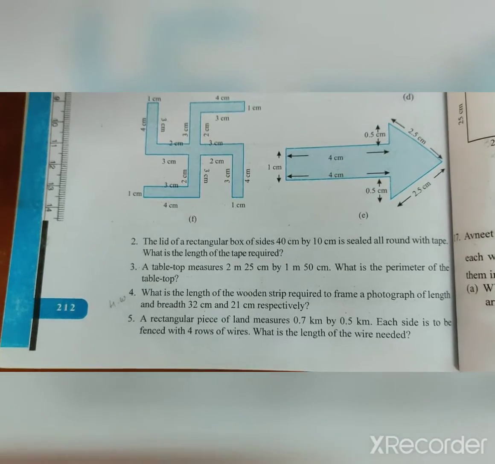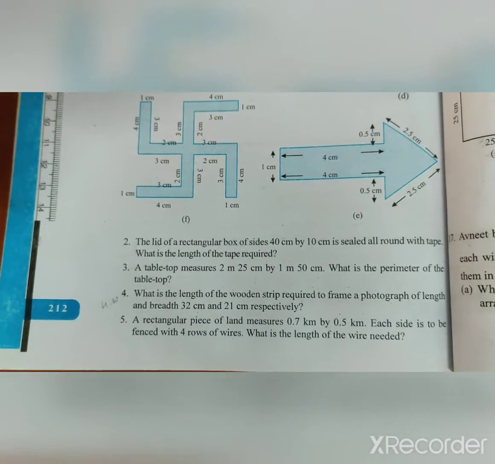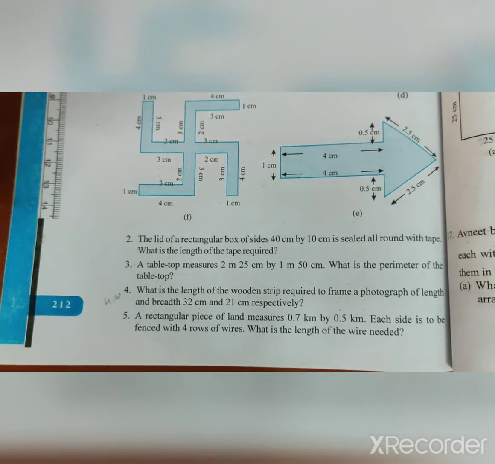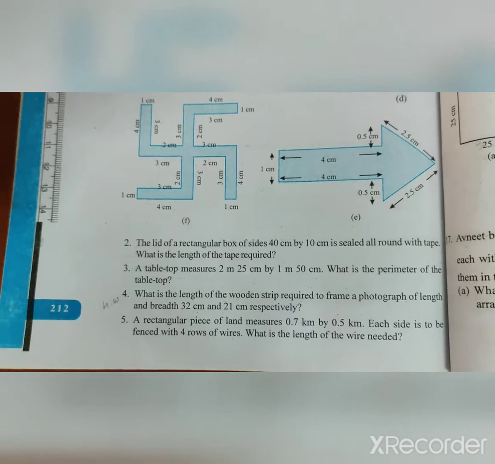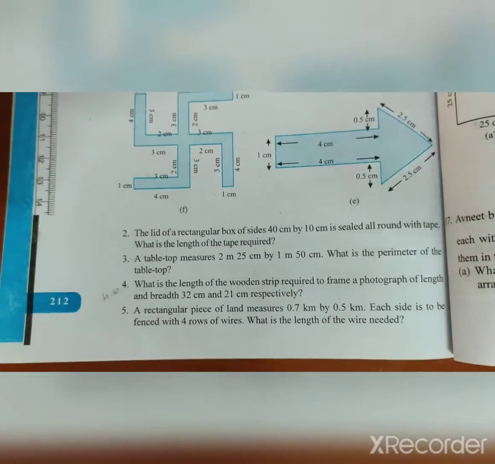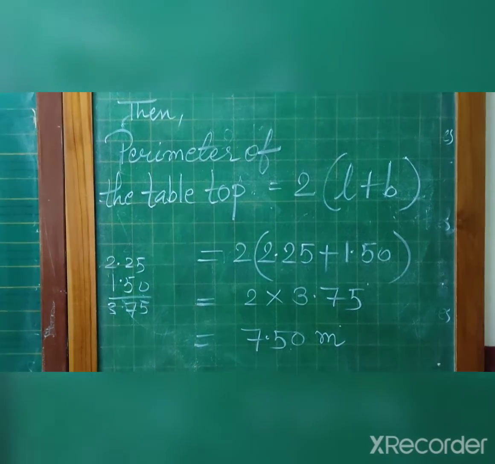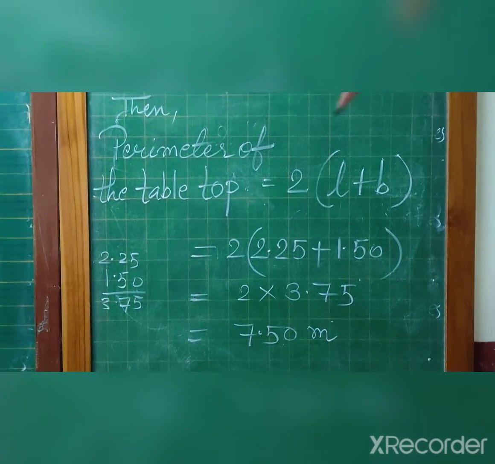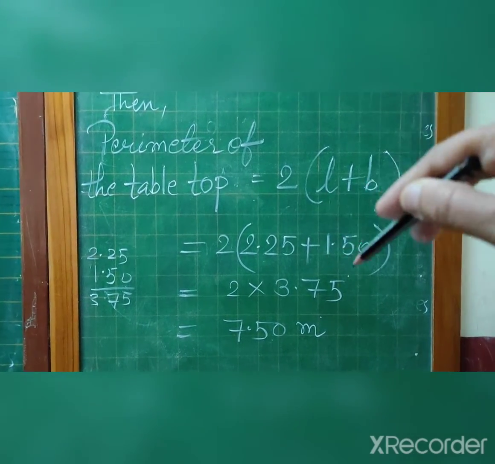And afterwards formula, the perimeter of the tabletop is equal to 2 in the bracket L plus B, and after that you can see on the green board. Perimeter of the tabletop is equal to 2 in the bracket L plus B. So in place of L 2.25 and in place of B we will put 1.50.